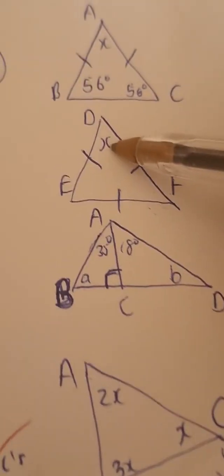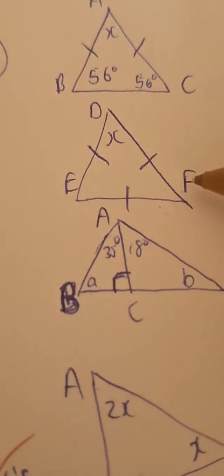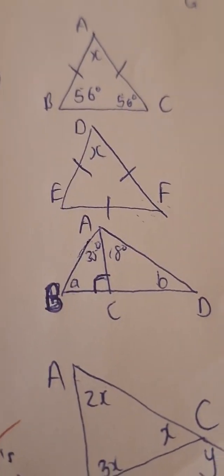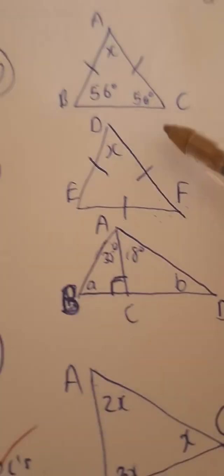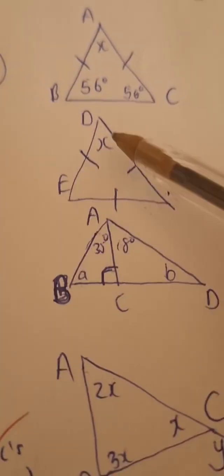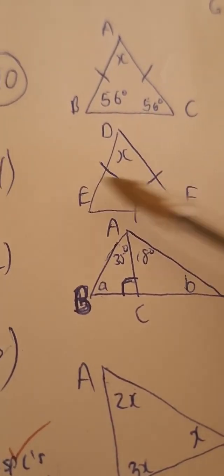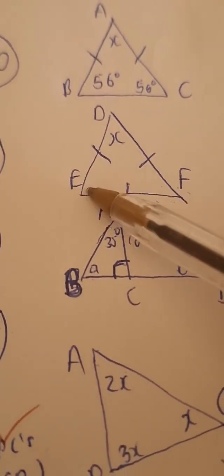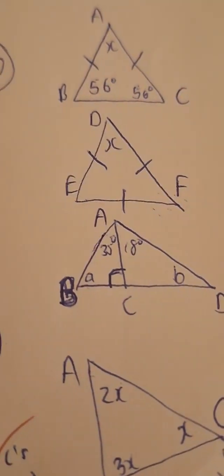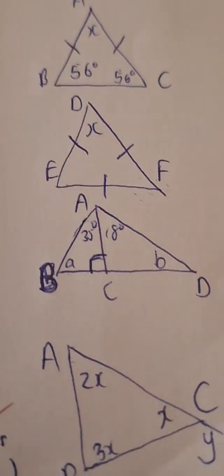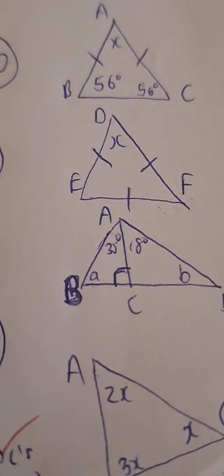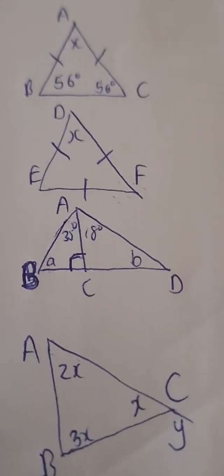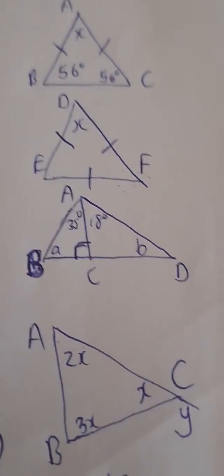If someone else says x plus x plus x is equal to 180 degrees, that's also fine, and then says sum of angles in a triangle, that's fine as well, because they know that each individual angle for this shape would be equal. Then they solve for x: 180 divided by 3 gives you 60 degrees. That's also 100% fine. Both of these approaches would be acceptable.